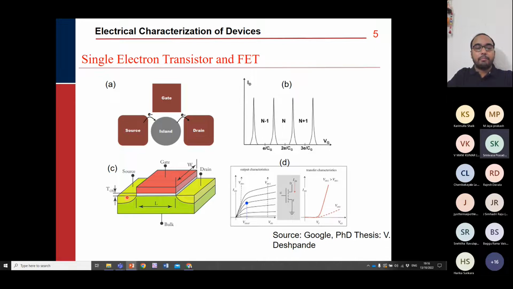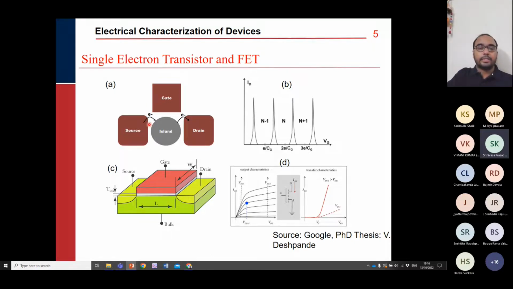Now, if we apply some voltage between source and drain and a gate voltage, then we can get this IV behavior, and from there we can use it as a switch, or for other operations, for example, the design of an amplifier, etc.